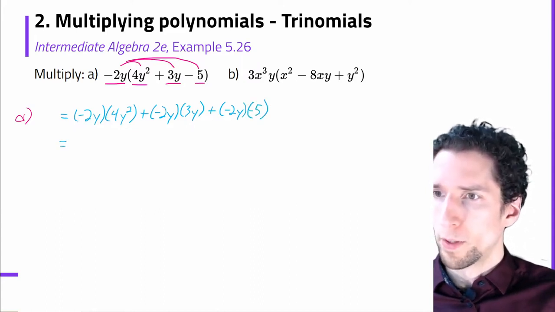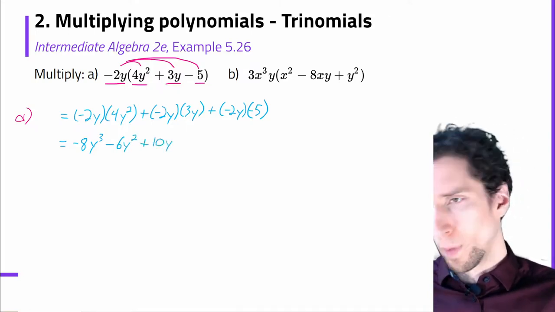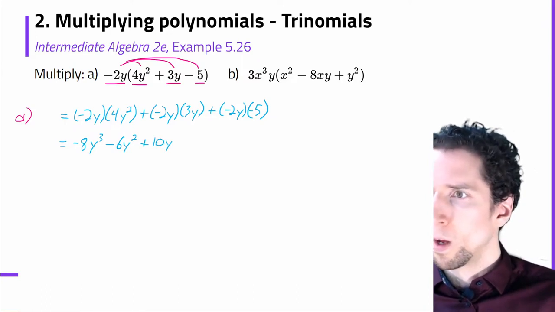Okay, those are all the terms, and we'll actually multiply these together. So we get -8y cubed and minus 6y squared, and then positive 10y when we multiply those together.